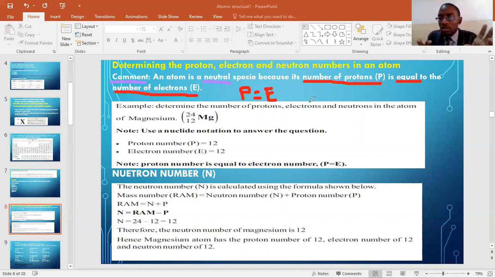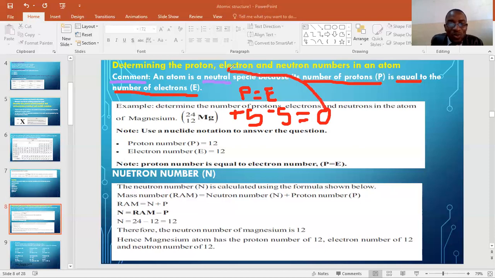Remember on the characteristics, the proton is positively charged, the electron is negatively charged. So imagine if you have a positive 5 and you have a negative 5, when you add those two, you get a 0. And this 0 is why they say an atom is what?